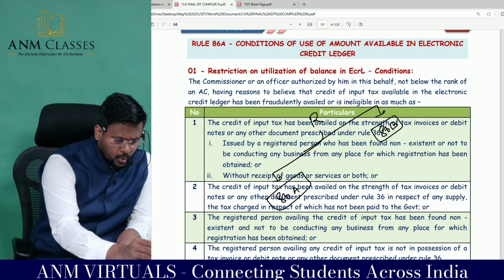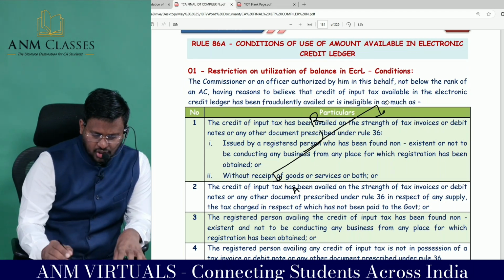Restriction on utilization of balance in the electronic credit ledger applies under these conditions.